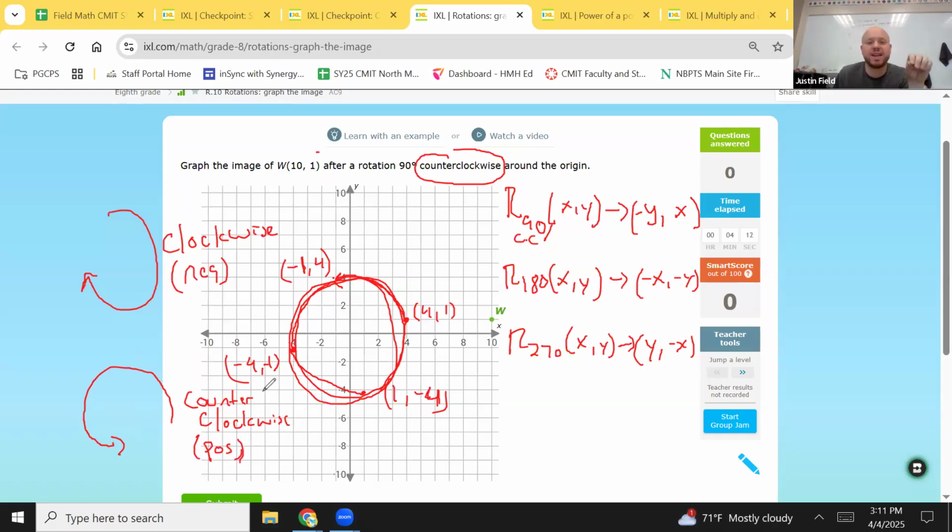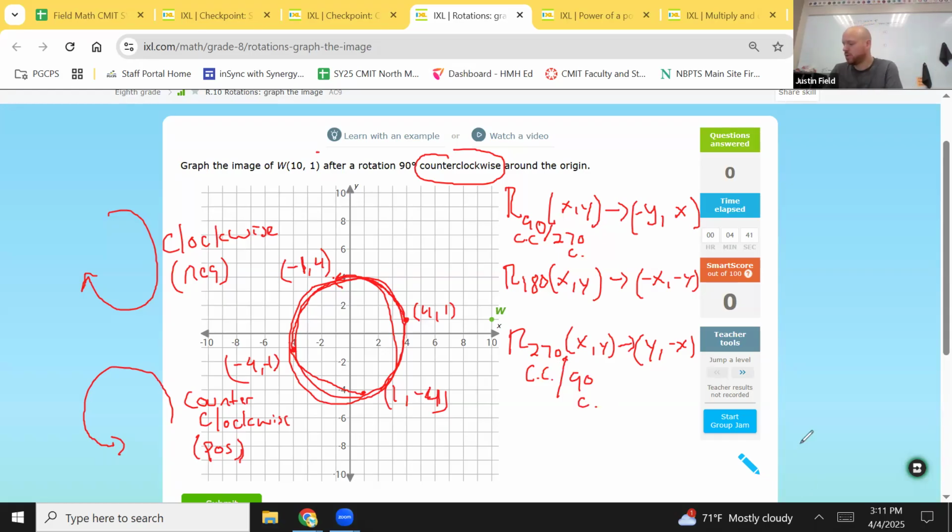Okay, so 90 degrees counterclockwise is the same as if it had said 270 degrees clockwise. 180, you can go halfway this way or that way, you get to the same spot. So for that one, counterclockwise and clockwise are the same. 270 degrees counterclockwise is the same as 90 degrees clockwise.